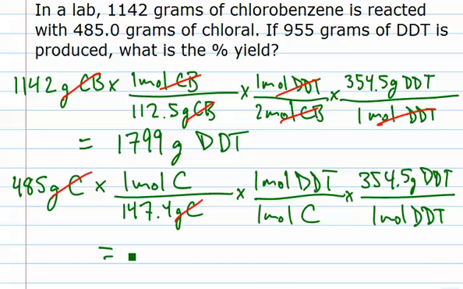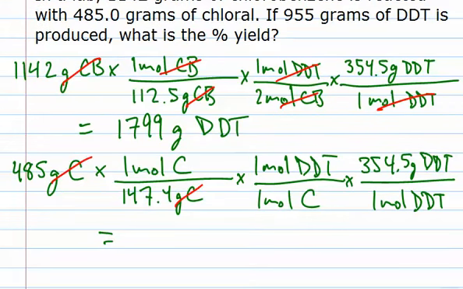Okay, and then we punch our numbers into our calculator. 485 divided by 147.4 times 354.5, telling us if we react all of this, we will get 1,166 grams of DDT.